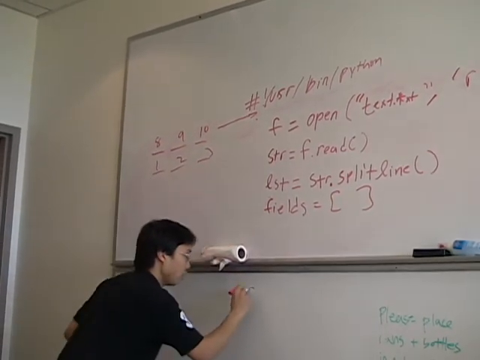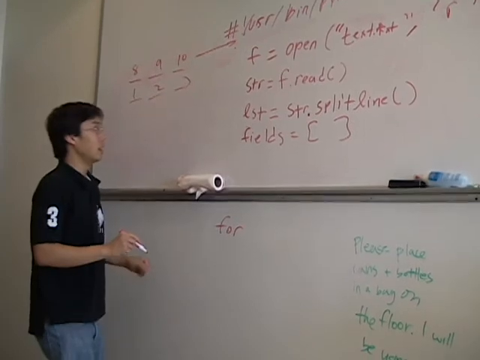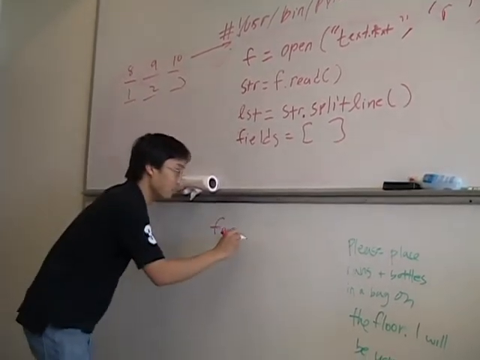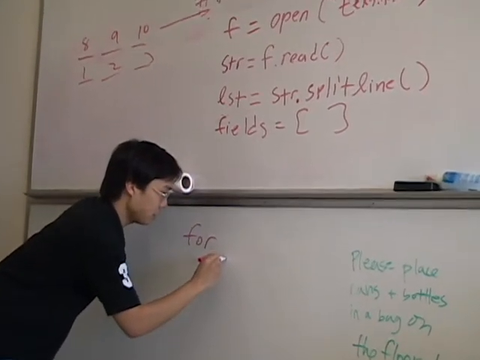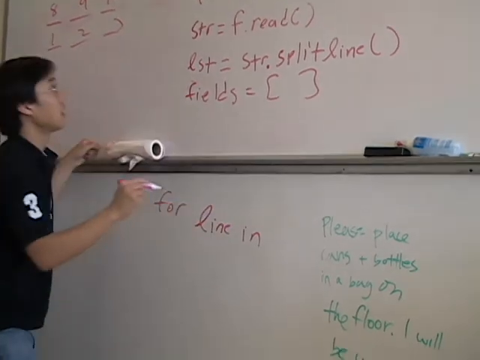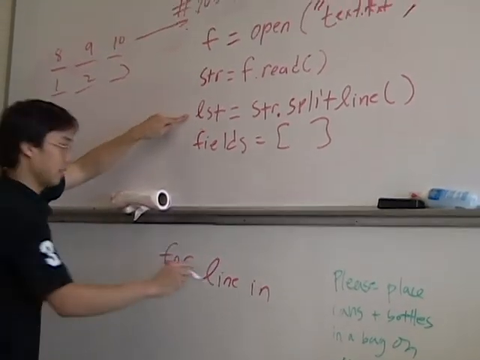All right, so now you're going to do your for loop. For, this is another cool thing about for loops. So you can actually do this: for line in, what did I call it? List.